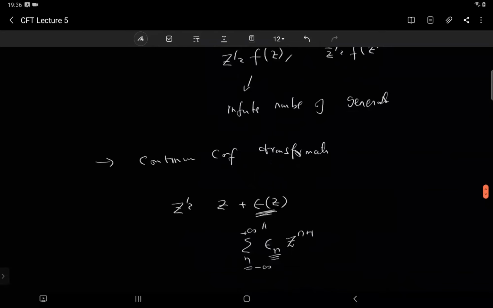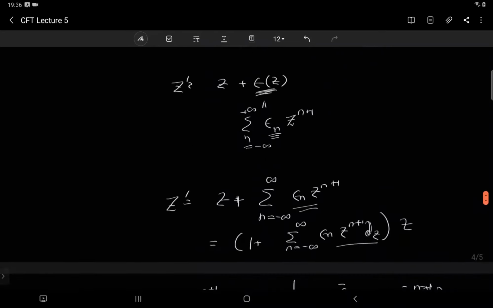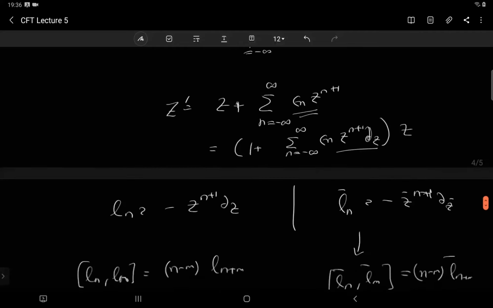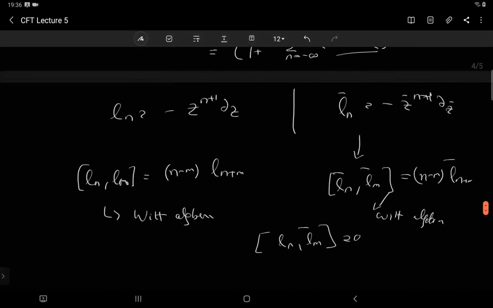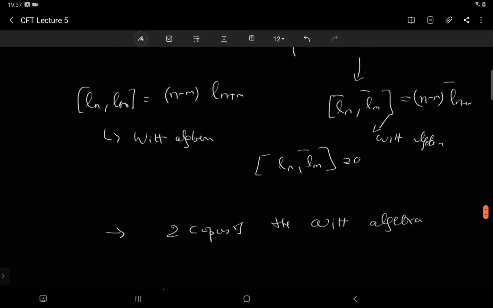The dimension of the algebra means the number of generators, that is, how many l_n there are.